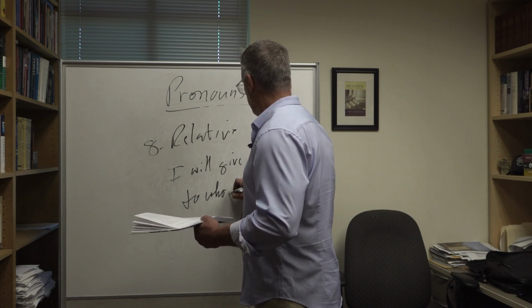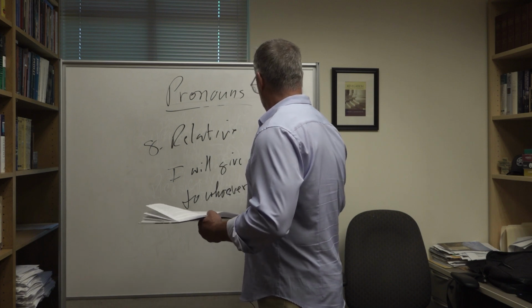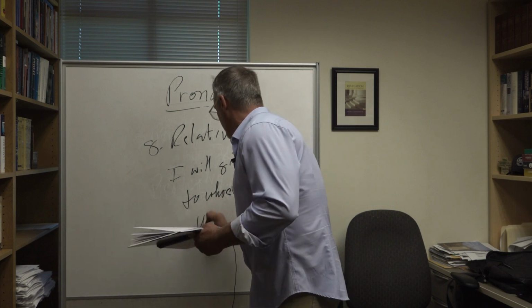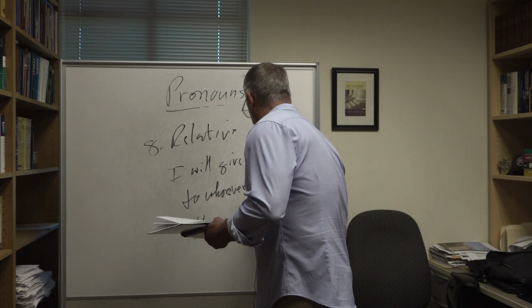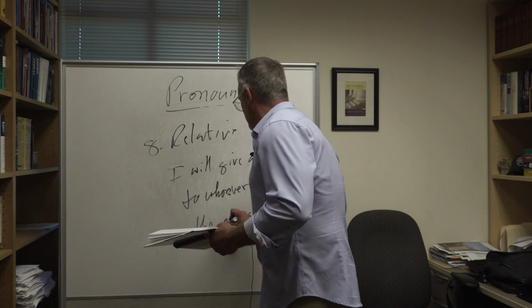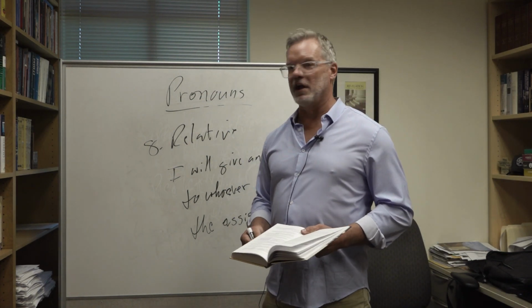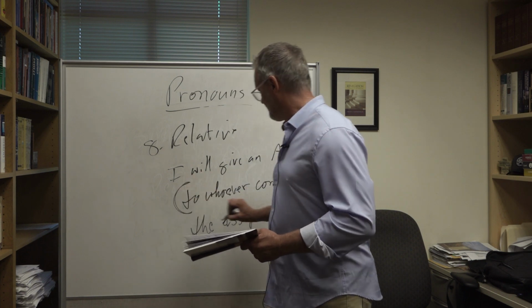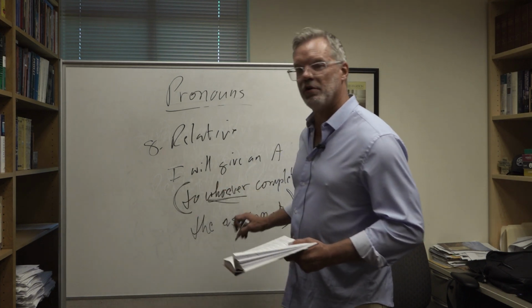I will give an A to... so I'm feeling really generous. I will give an A to whoever completes the assignment. Now notice, I'm going to include this. Here's your relative clause, and here's your relative pronoun in English.